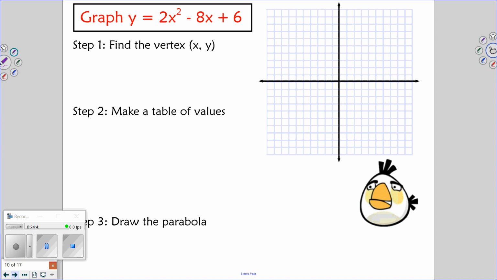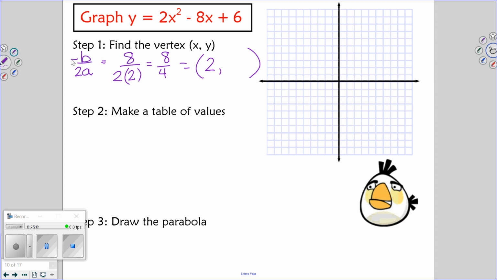So step 1 is to find your vertex. Again, I'm going to do -b over 2a. So what's -b? 8 over 2 times my a value. That's going to give me 8 over 4, which is just 2. How do I find the y part?